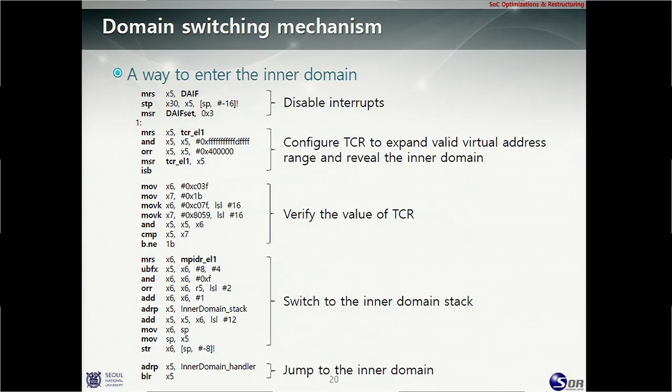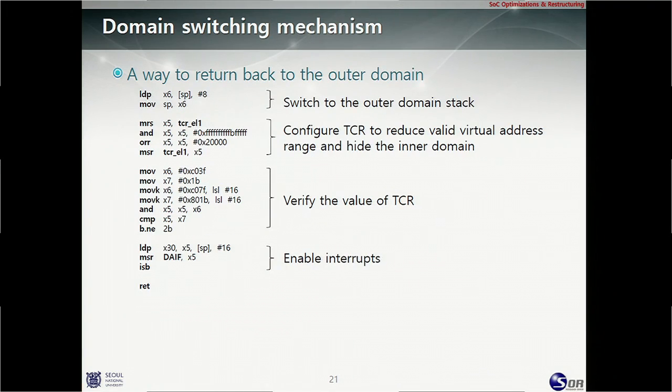After that, it checks whether the TCR is configured correctly, activates the inner domain's stack, and finally jumps to the inner domain. To return back to the outer domain, this mechanism reverses the previous procedure.